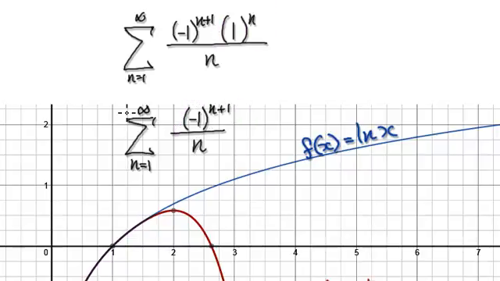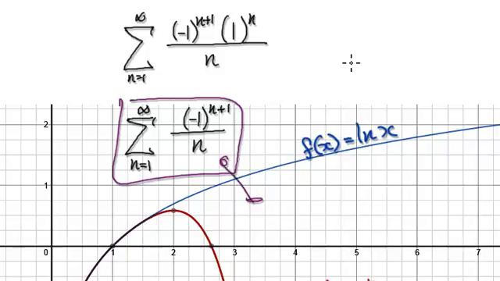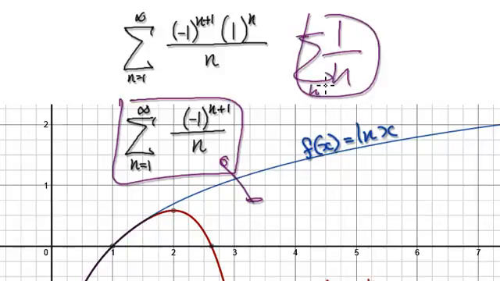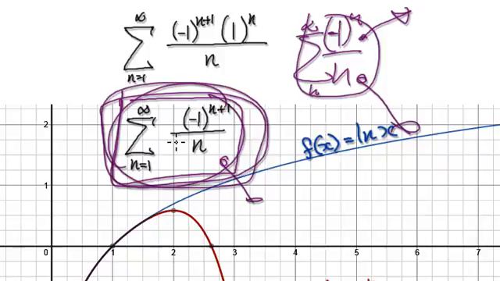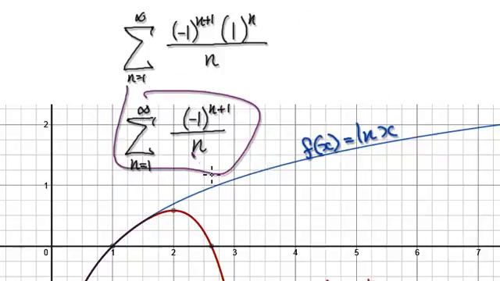Again, you should be able to tell that 1 over n, the summation as n tends to infinity, is going to diverge. But if you have an alternating harmonic series, which is what this is, it's going to converge. We've seen this many times, so you should recognize that this is going to converge.